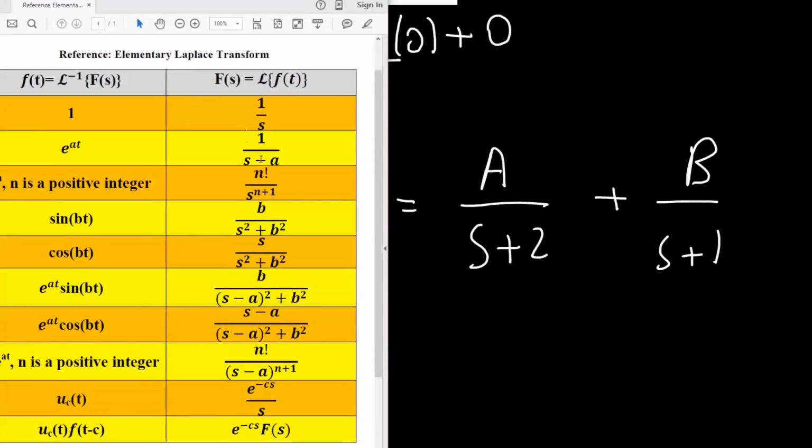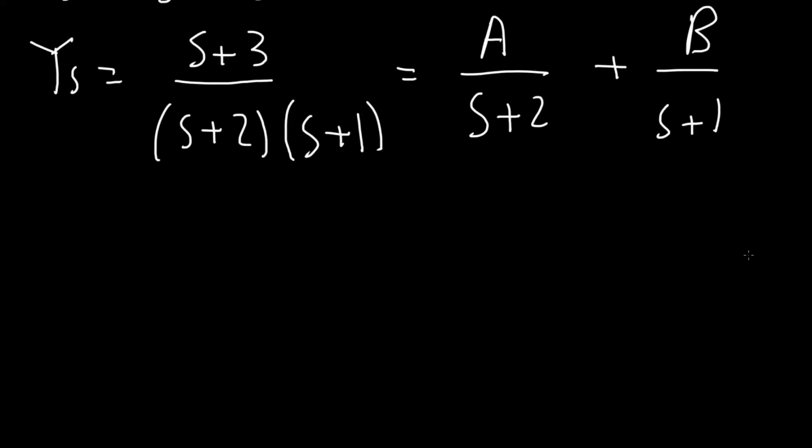So we can say s minus (minus 2), likewise s minus (minus 1), and our answer will be something like this, e raised to at. So we'll do that. And so the next thing that we're going to do is multiply everything by s plus 2 times s plus 1. So we will clear out the common denominator.